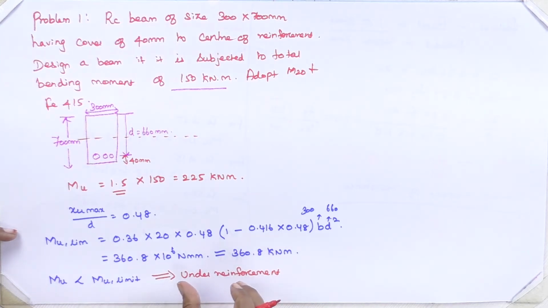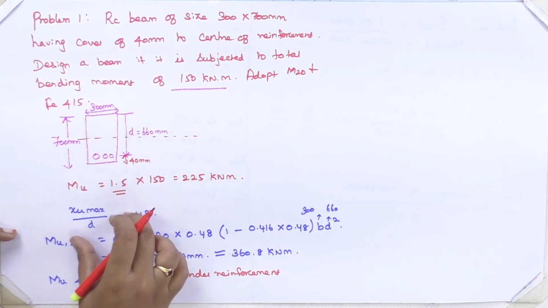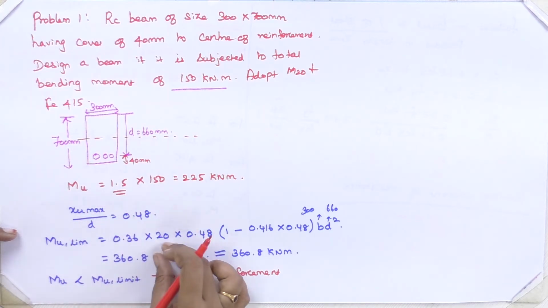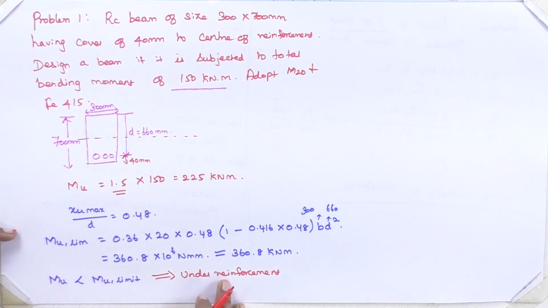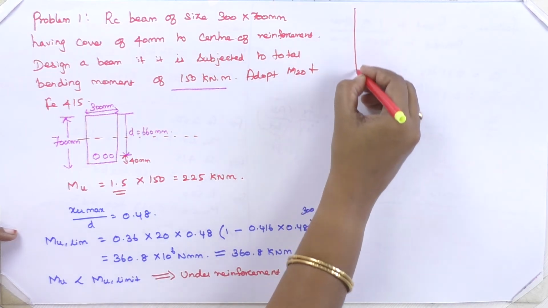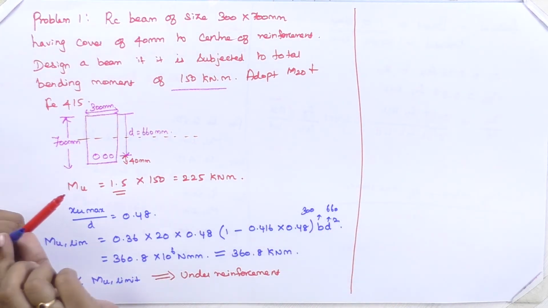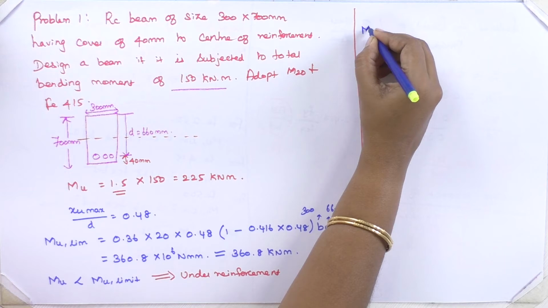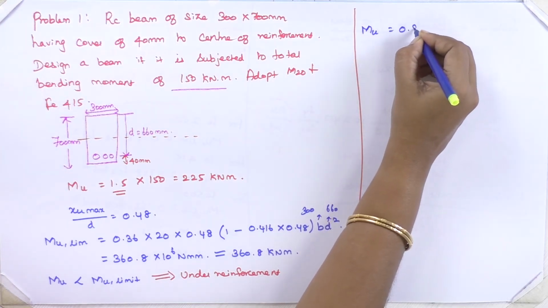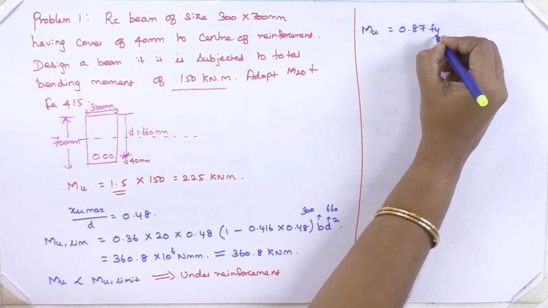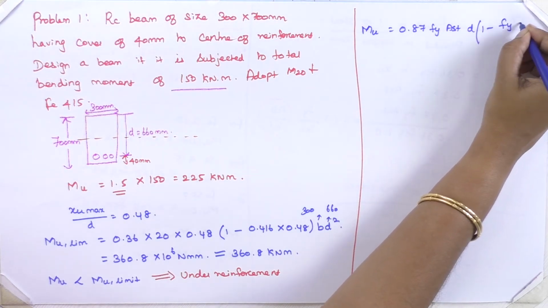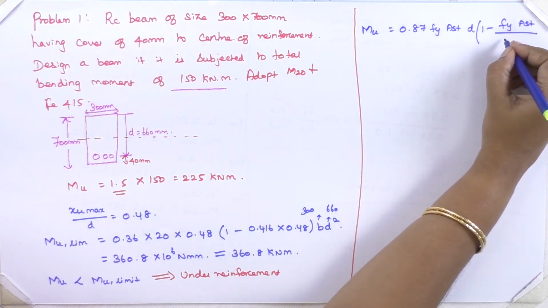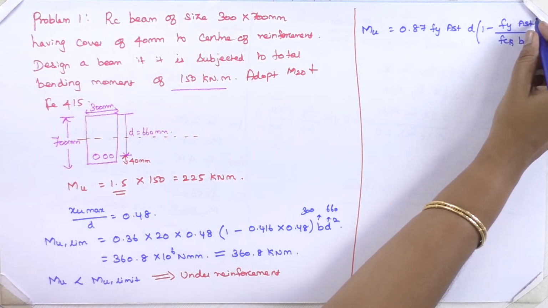If you know that this section is under reinforced from your Xu max by D and Mu limit, and the Mu given is 225, which is less than your Mu limit, you can proceed with this under reinforced section, which is governed by the steel part. Now you can write Mu is equal to 0.87 fy Ast d into 1 minus fy Ast divided by fck b d.